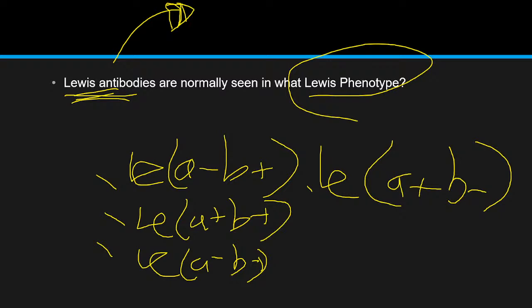Earl Palmero said positive b. It's actually neg neg. Anti-Lewis antibodies will be produced in these patients. What are the types of antibodies that we have? Anti-Le(a), okay, and anti-Le(b).